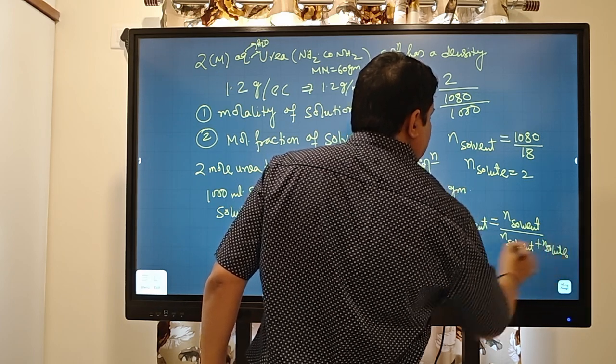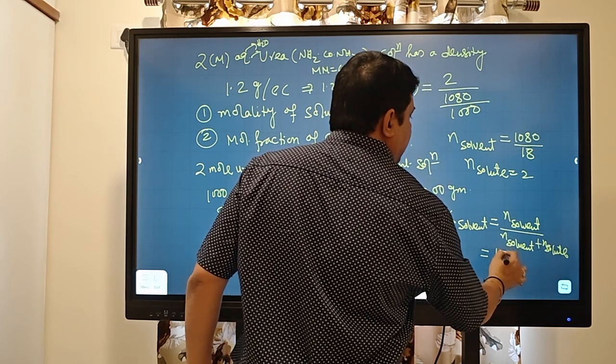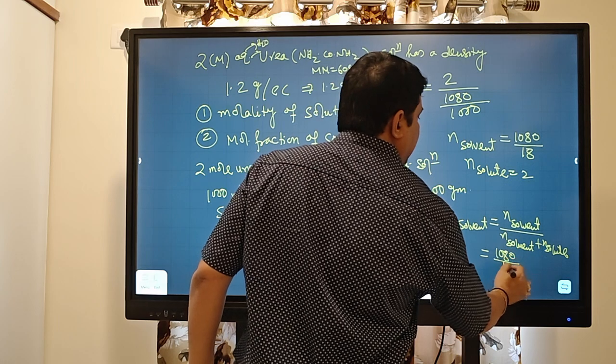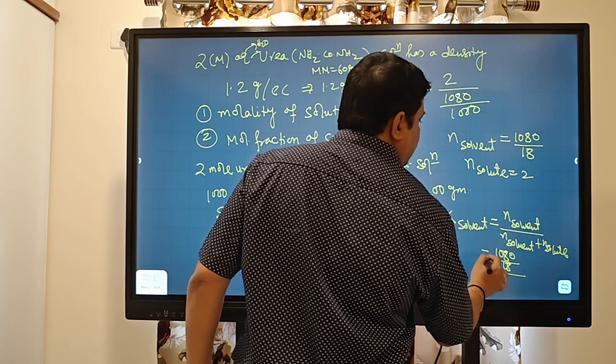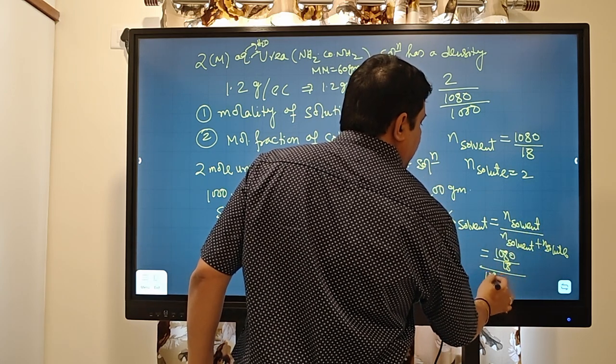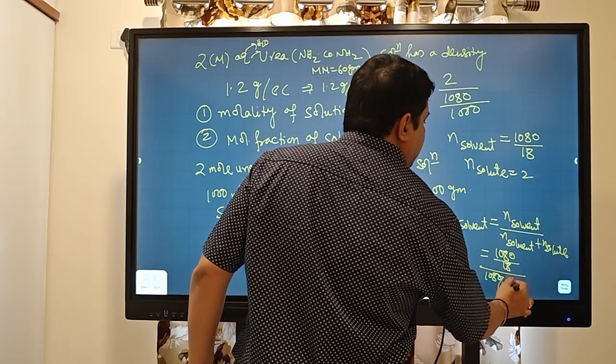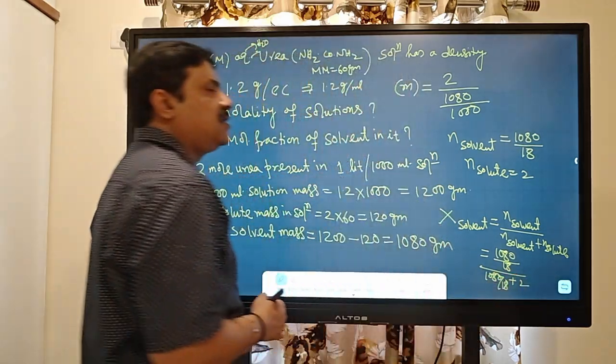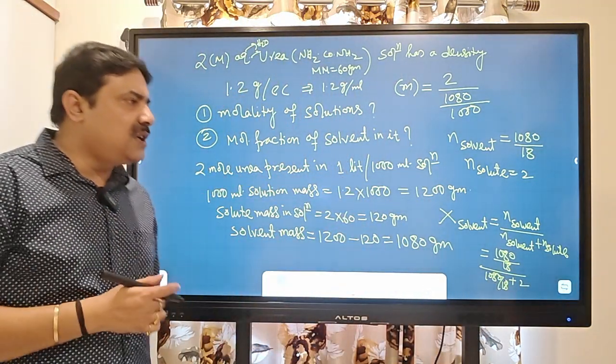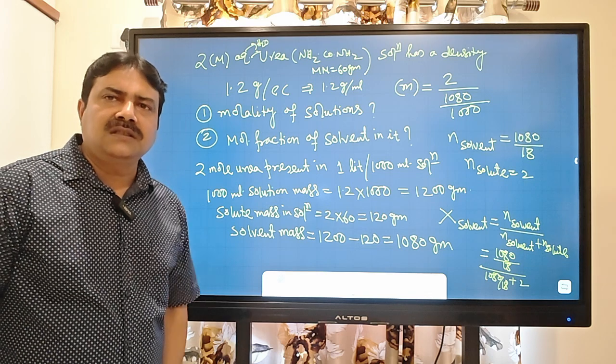That is the mole fraction. Then number of moles of solvent is 1080 divided by 18, by 1080 by 18 plus number of moles of solute, which is nothing but 2. This is your simplification you can do and you will get your answer.